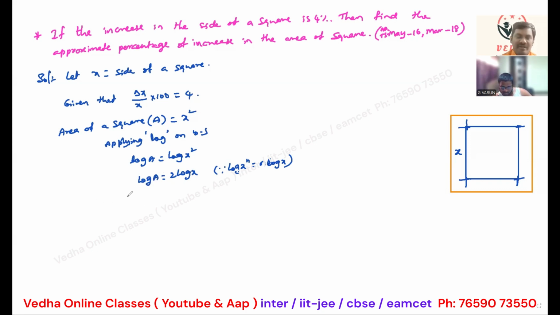Now, if we differentiate, then the change in the logarithm, that is delta a by a: d by dx of log x is 1 by x. So 1 by a into the change in a, delta a, is equal to 2 as the coefficient, and the log x derivative is 1 by x, so 1 by x into delta x.